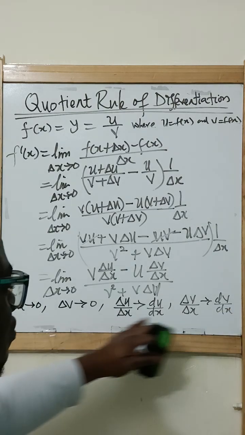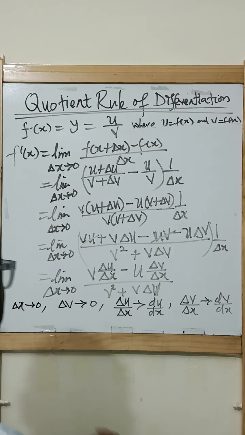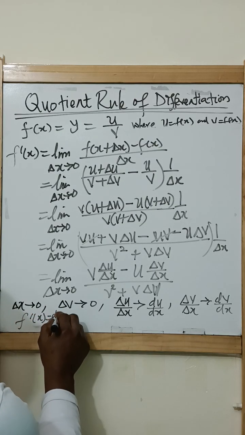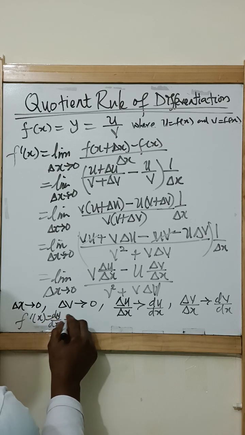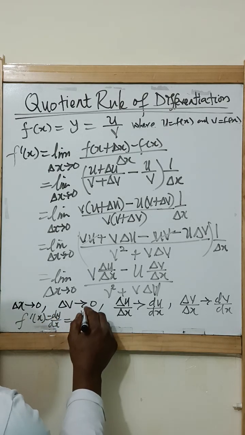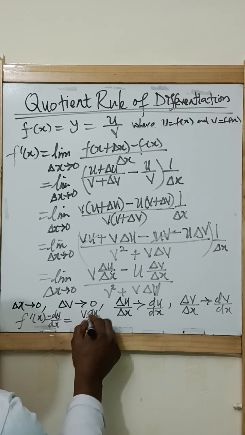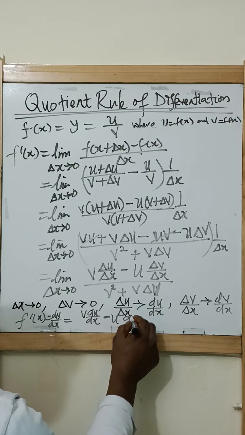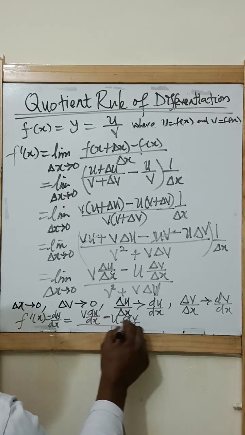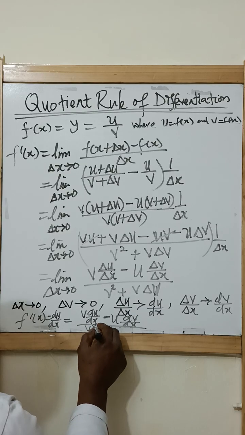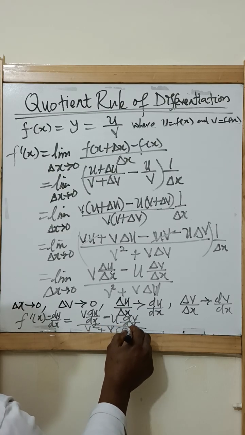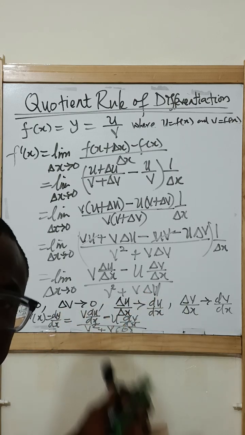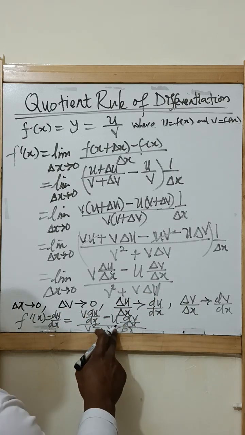By the time we substitute all these, we are going to have our f prime of x, which is our dy dx. So it's going to be v du dx minus u dv dx all over v squared plus v times 0, because delta v is also tending to 0 as delta x tends to 0. So this one is gone.